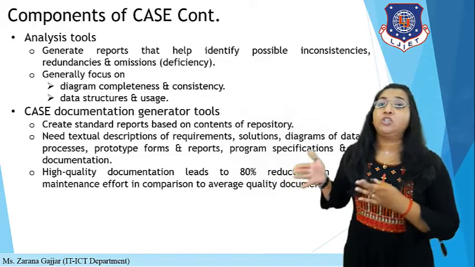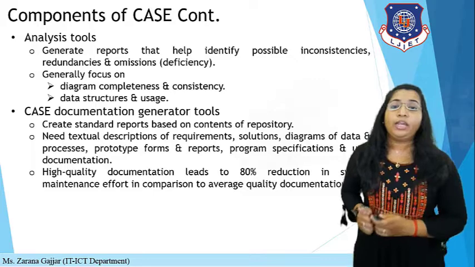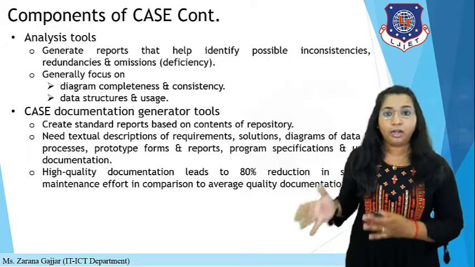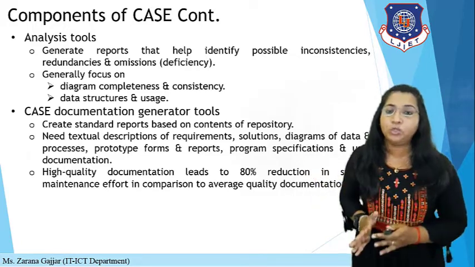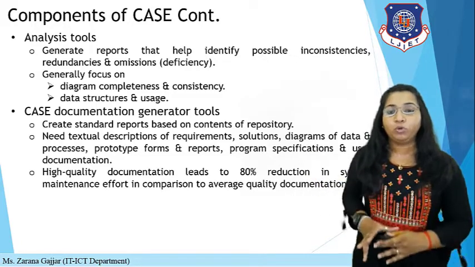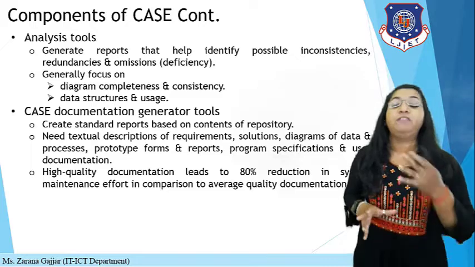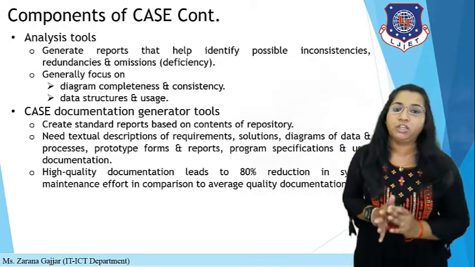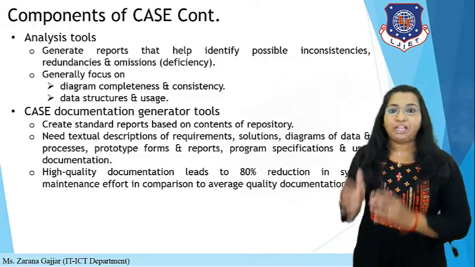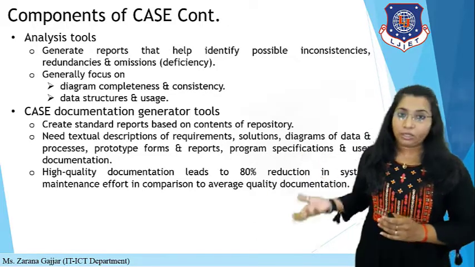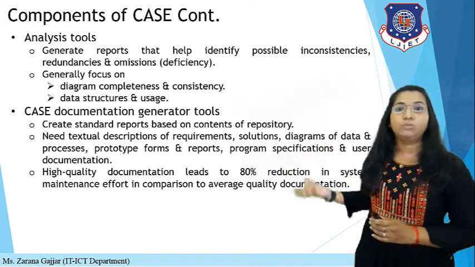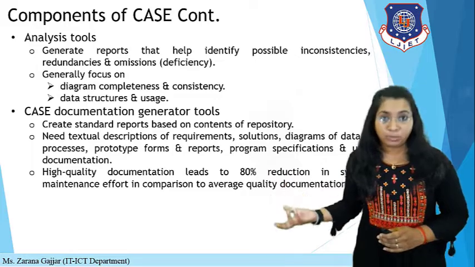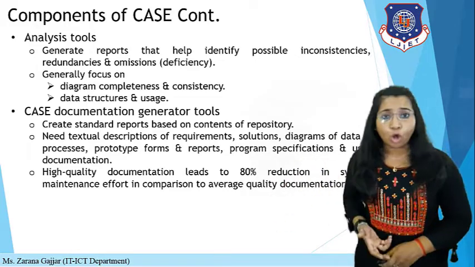Then the next is the CASE documentation generator tool. It means documentation is generated here. It creates standard reports based on the content of the repository. Which content you have used in your particular web application and which components you have already used is mentioned in the CASE documentation generator tool. You need a textual description of requirements, then the actual solution, the diagrams of data and processes, prototype forms and reports, program specification and user documentation.